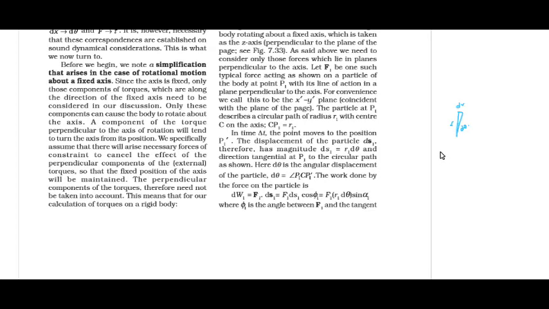So for a very small arc, ds is equal to r d theta. Here we have put the value of ds, so we get F1 r1 d theta sin alpha1.